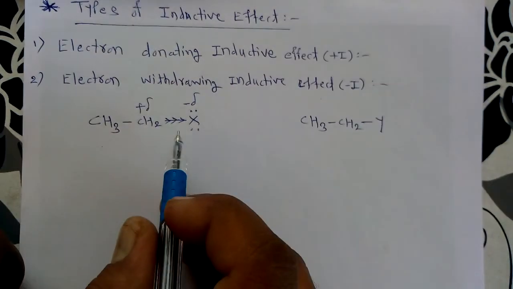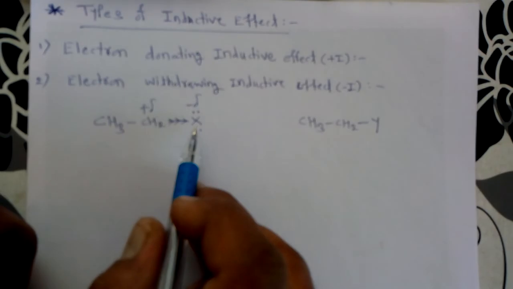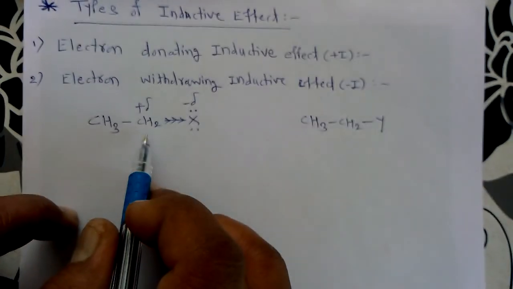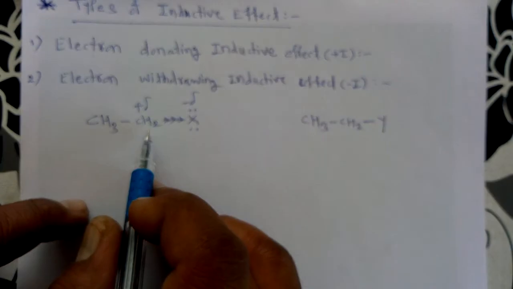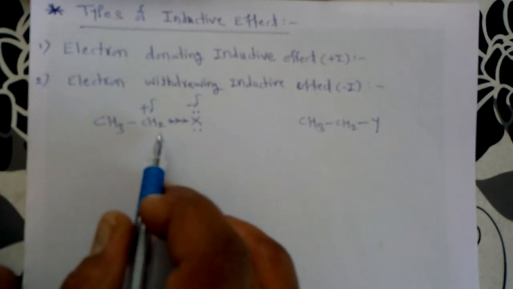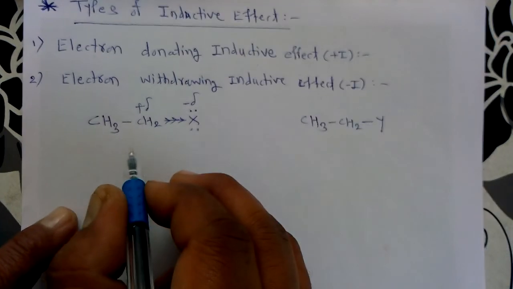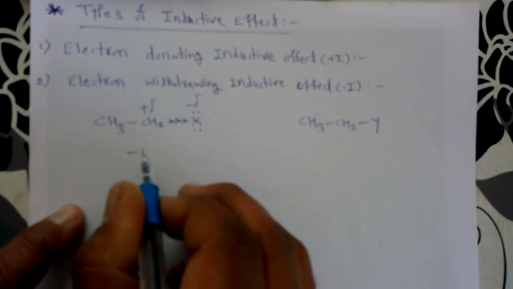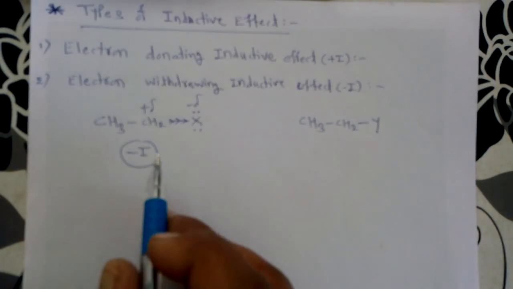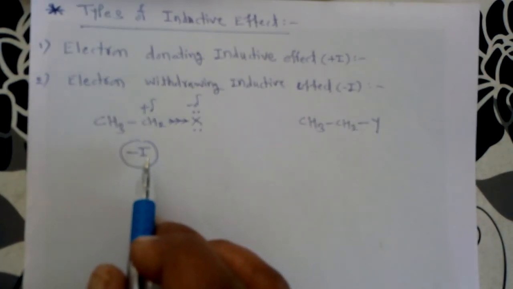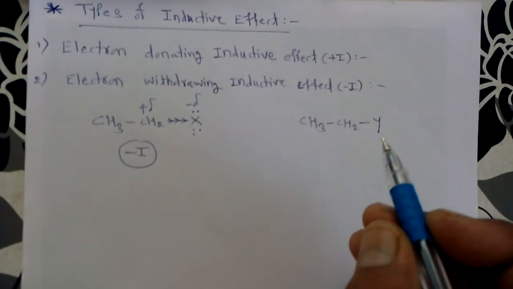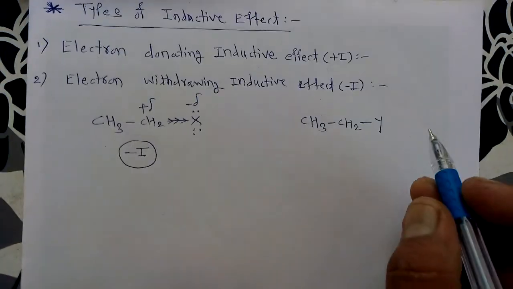So we can say that due to the presence of this type of heteroatom, the electron density around this carbon atom goes on decreasing, and if such a decrease in electron density is there around the carbon atom, then that inductive effect is called the electron withdrawing inductive effect, and that is shown by the minus I sign. So we can say that this compound shows the minus I inductive effect due to the presence of this particular heteroatom X.